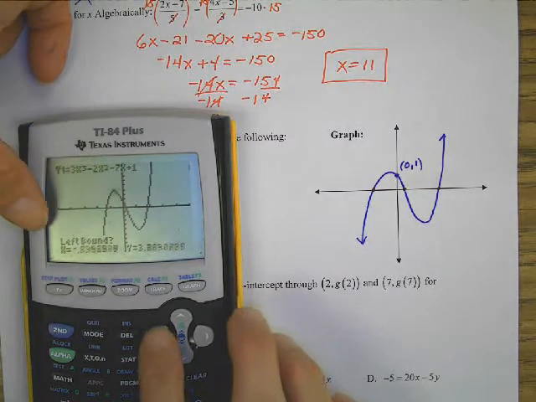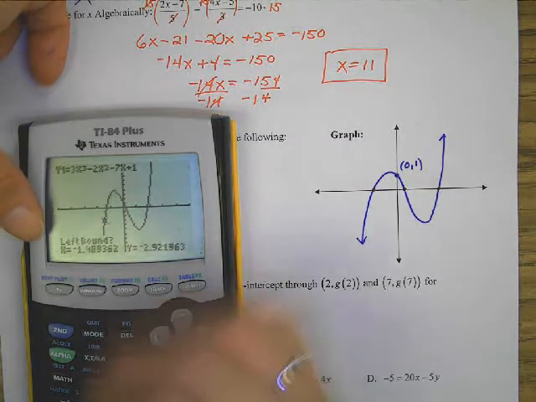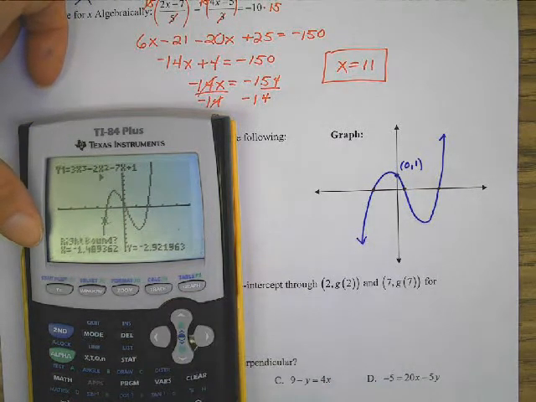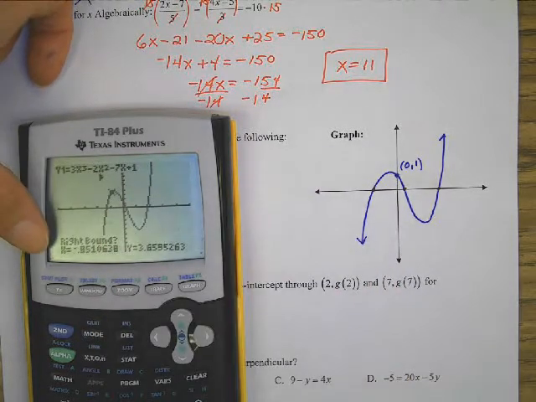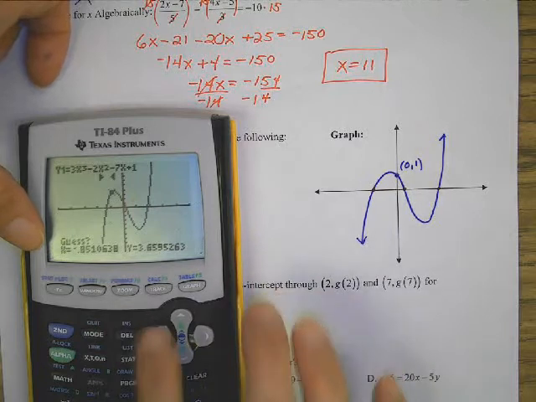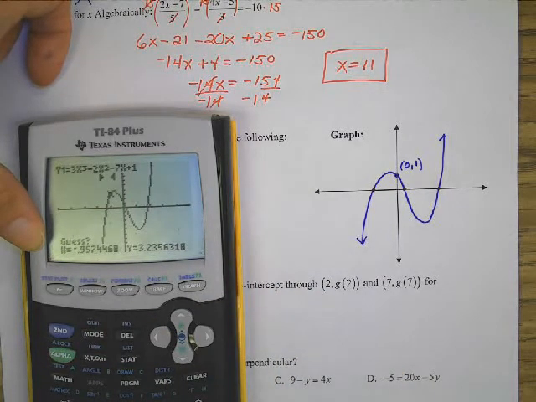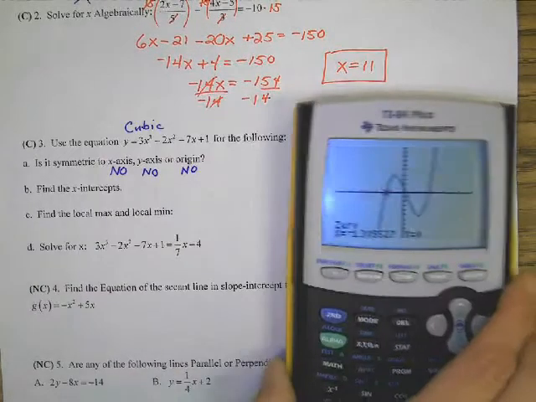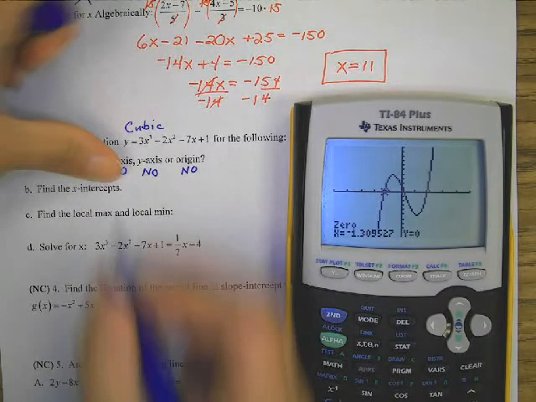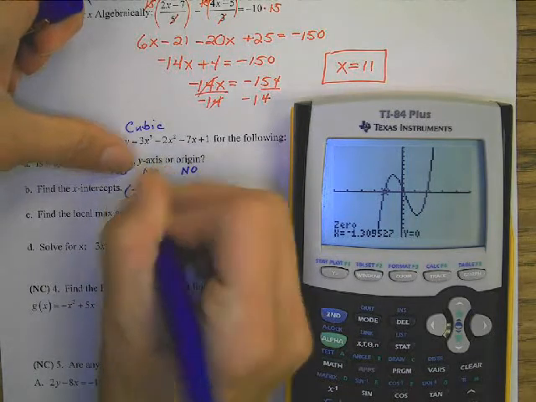Right, right, right until you're clearly past, enter. Guess, I'm just going to click once to get in the middle there. And the x-intercept, rounded to 2 places, is (-1.31, 0).